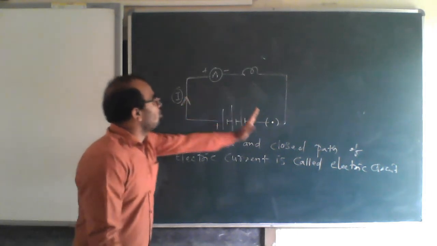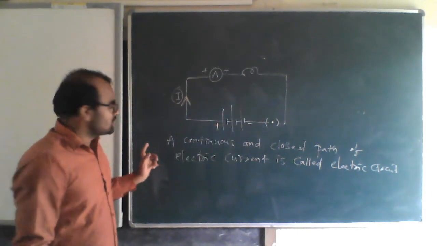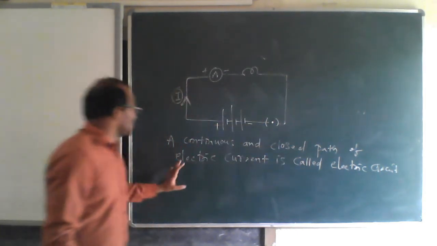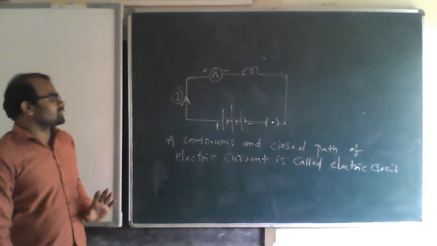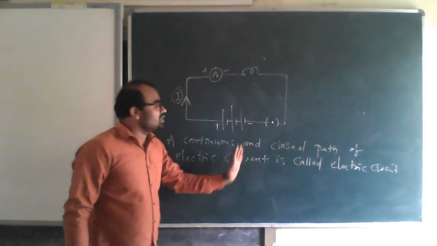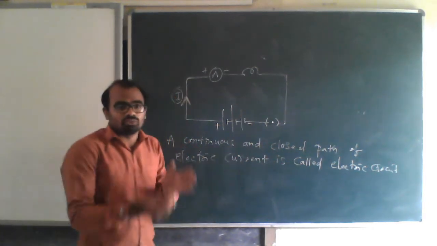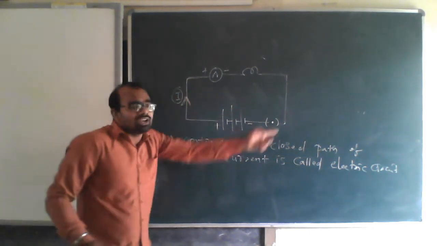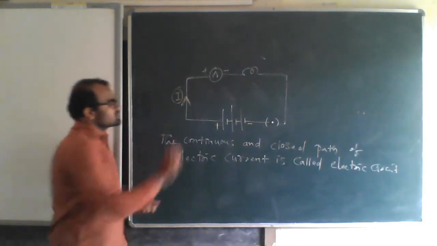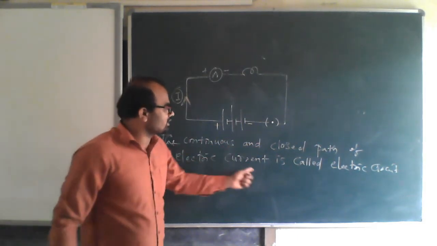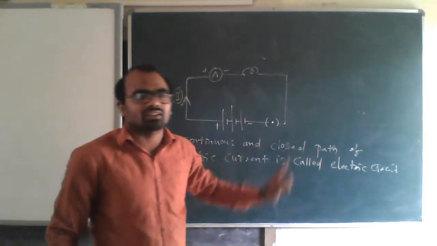There is no opening. So a continuous and closed path of electric current is called electric circuit. It should be a closed path and it should be a continuous path. So you can use this definition.